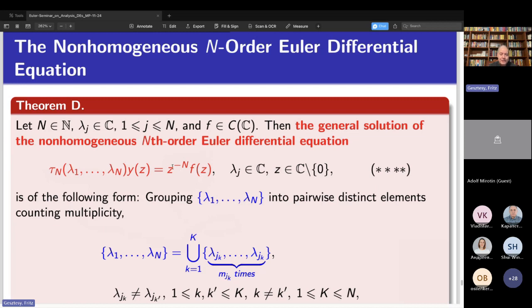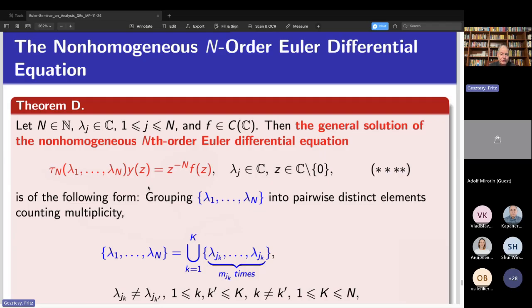So this is just for convenience that I represent the right-hand side in terms of a power times a non-homogeneous function f on the right-hand side. Sorry, a non-homogeneity term on the right-hand side.